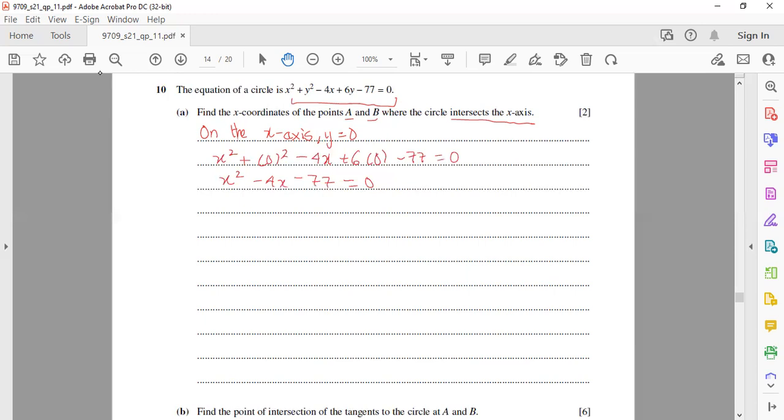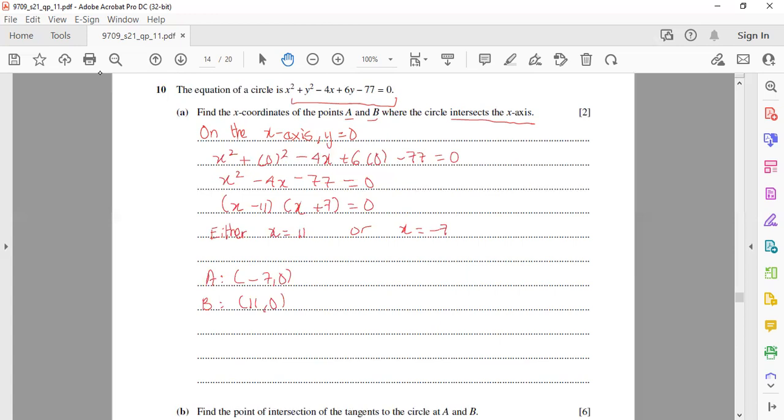We can factorize, so x minus 11 into x plus 7 is equal to 0. So either x is equal to 11 or x is equal to minus 7. So therefore, the coordinates of A and B are minus 7, 0, and then 11, 0.